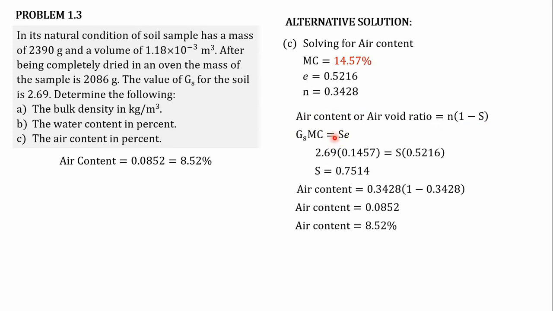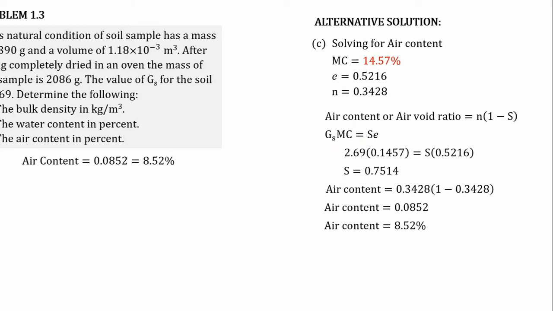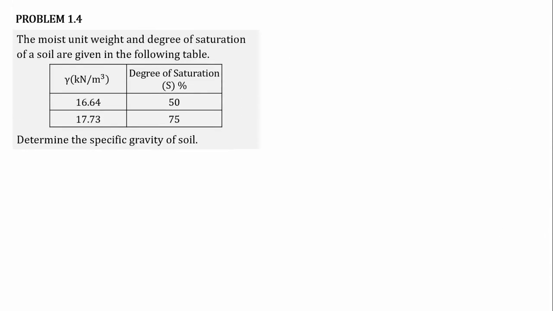So last problem tayo, problem 1.4. The moist unit weight and the degree of saturation of a soil are given in the following table. Unit weight is in kilonewton per cubic meter, and the second column is the degree of saturation.